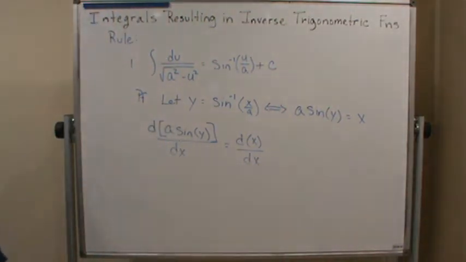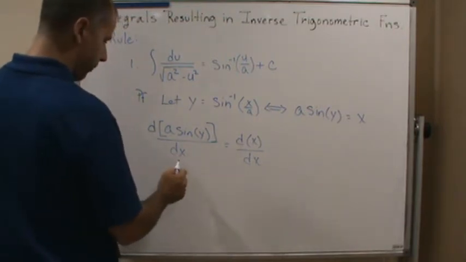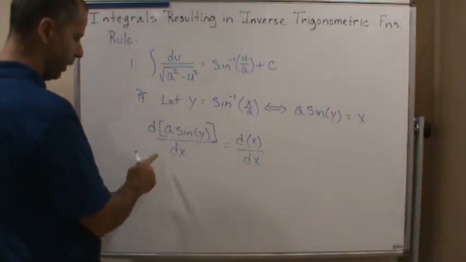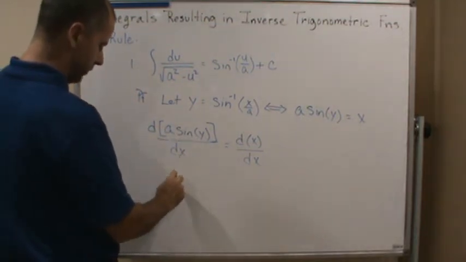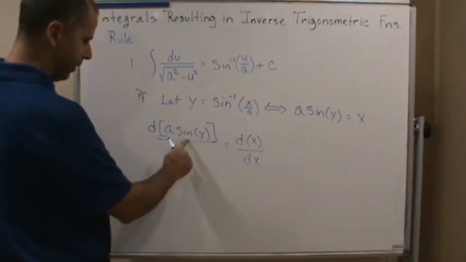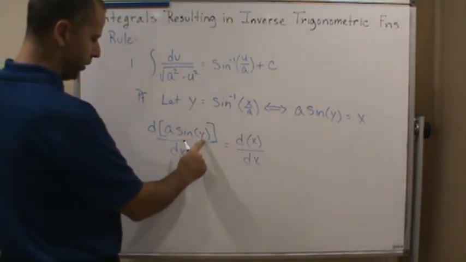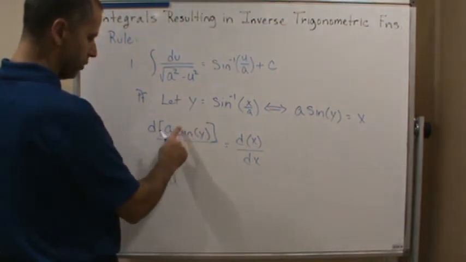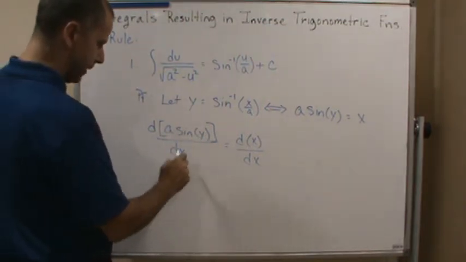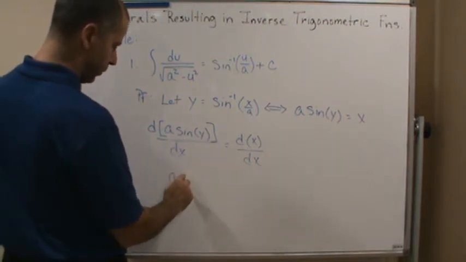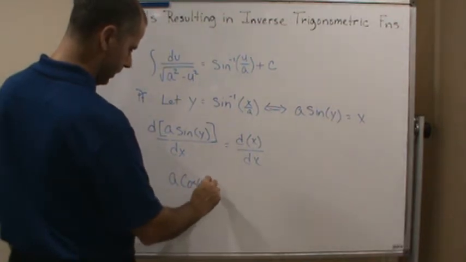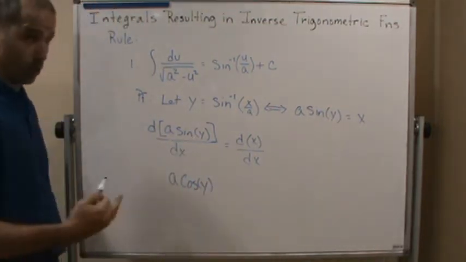So what does that give me? If I take the derivative of this, a is a constant, so that's just pulled out. Then I have the sine of an unknown function of x, y, so this uses the chain rule. It's a times the derivative of the outside, which is cosine y, times the derivative of the inside, which I don't know, so I'm just going to write it as dy dx.